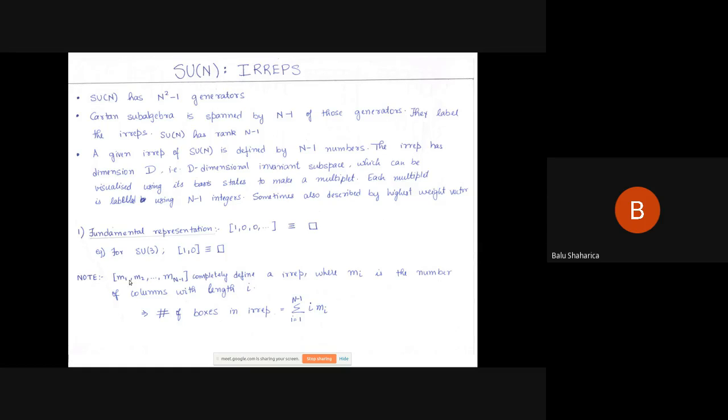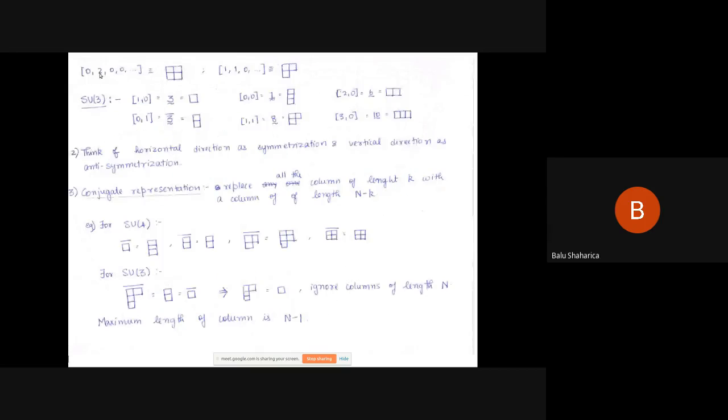Basically, what these numbers say about the Young diagrams is that if I have m1, m2, m3, and so on, m_i is the number of columns with length i. So if I have 0, 2, 0, 0, since m2 is 2, I need to have two columns which have the length as 2. So I'll have this.